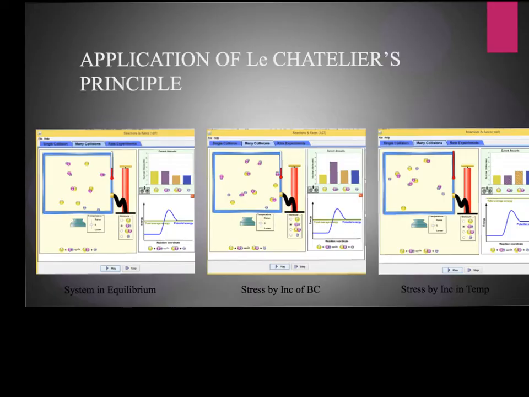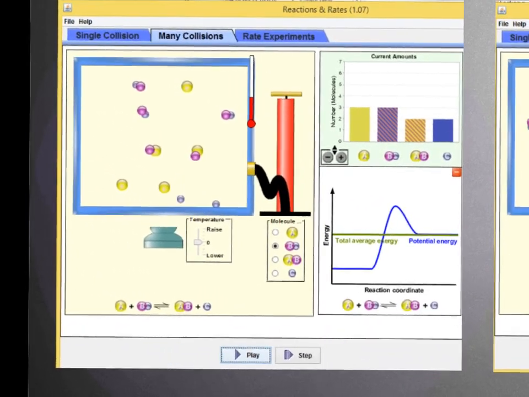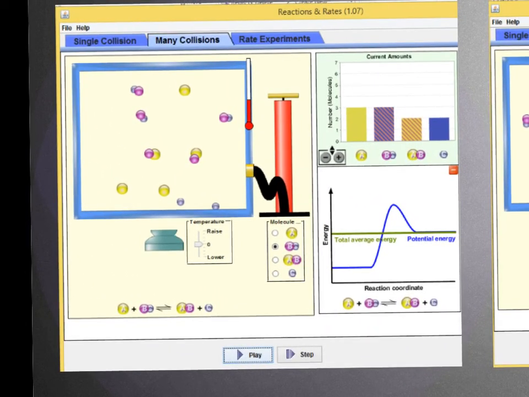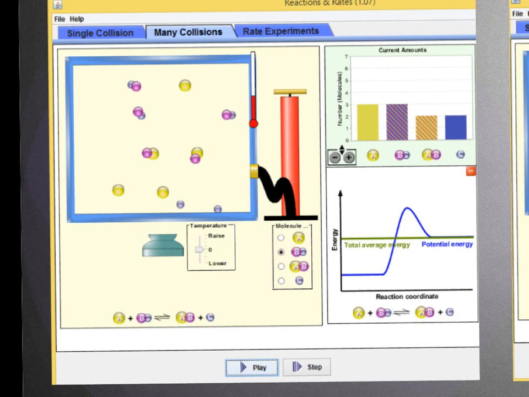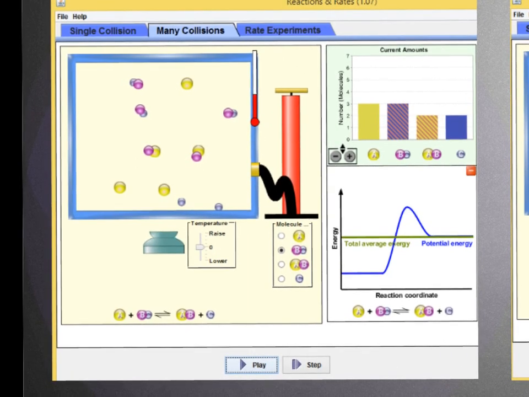So how exactly does all of this work? Well, here's an application of Le Chatelier's principle. I've got some slides from a simulation.